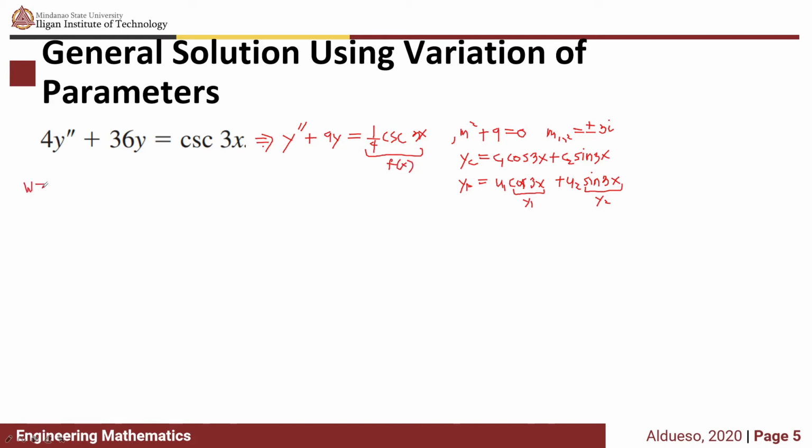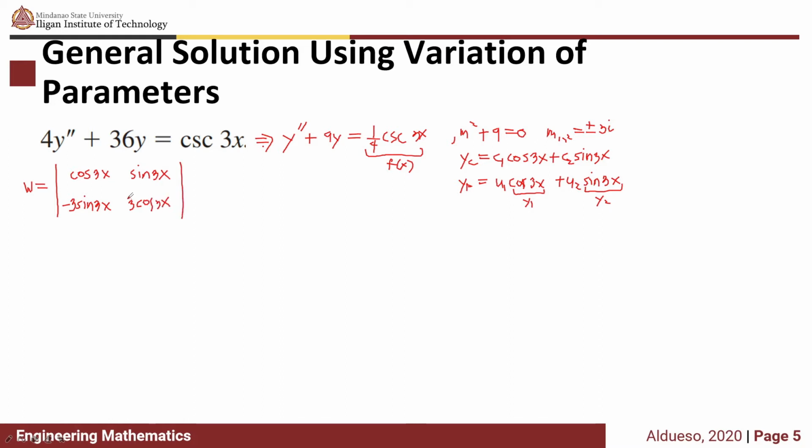Getting W, we have cosine of 3x, sine of 3x. First derivative of the first row, we have negative 3 sine of 3x, 3 cosine of 3x.